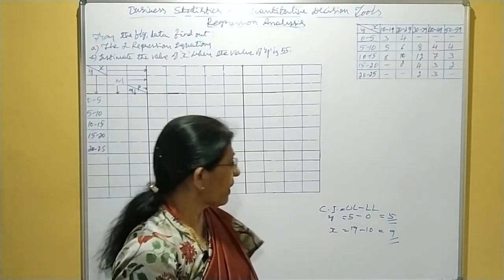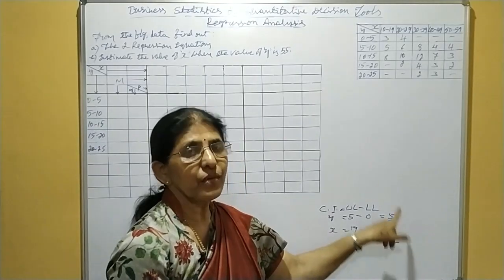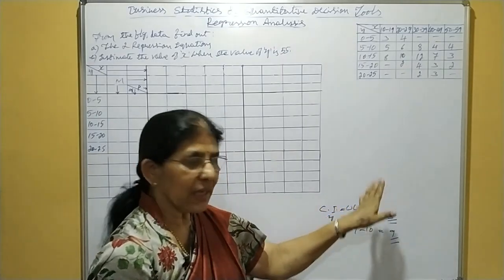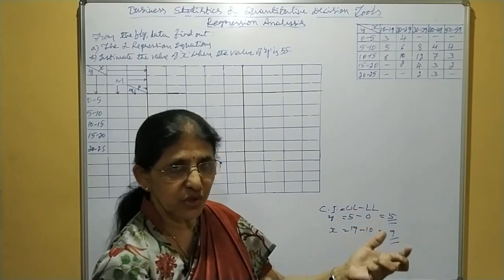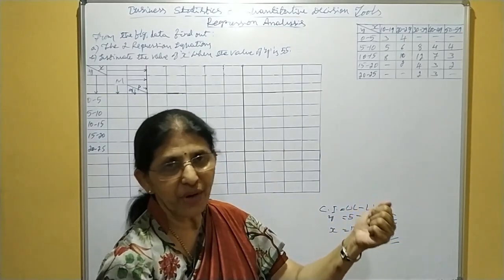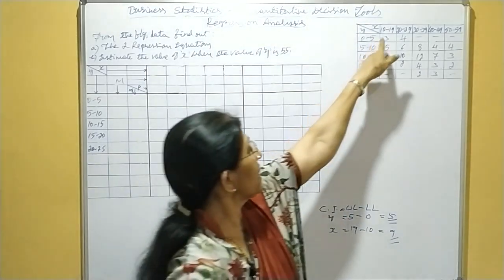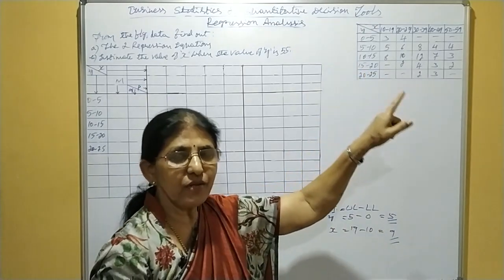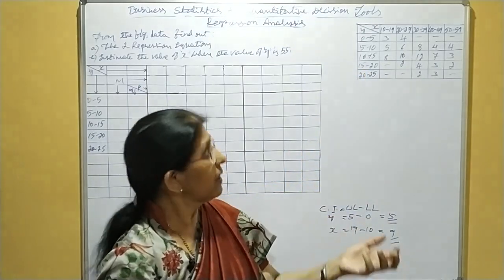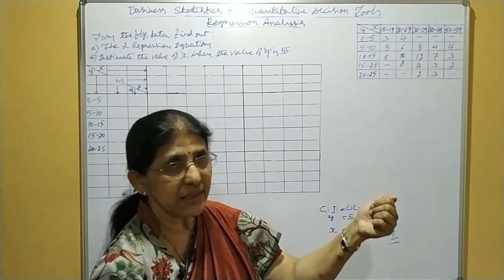Whatever the class interval, that many values are to be considered in that class. In the class 0 to 5, we consider the values 0, 1, 2, 3, 4, 5. Here 5 is excluded. Even in case of 10 to 19, how many values do we consider in that class? 10, 11, 12, 13, 14, 15, 16, 17, 18, 19.